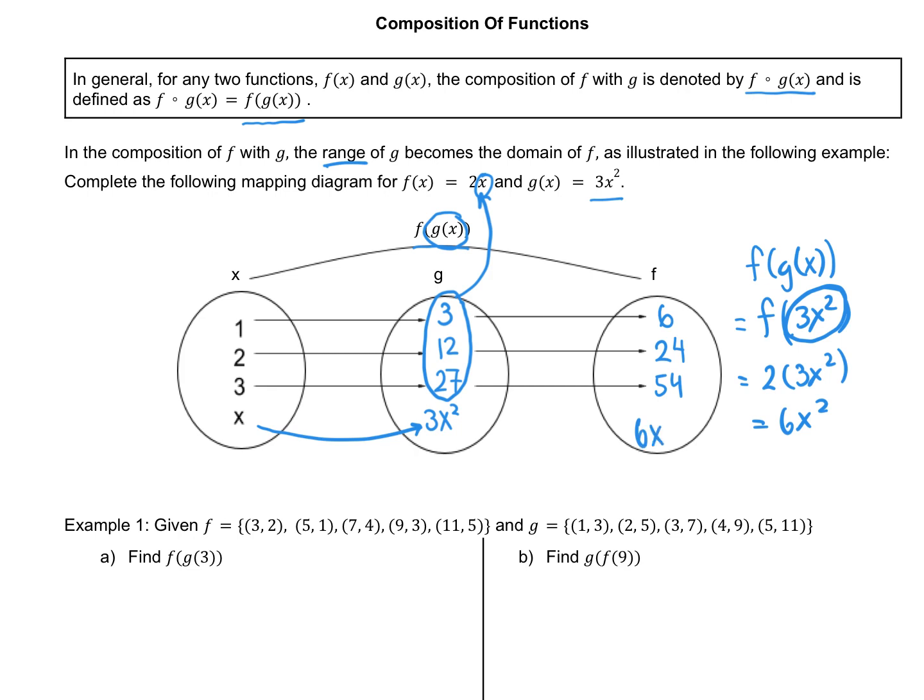And that's what this mapping diagram spits out. To recap, I was given x values, I put them into g of x to spit out its y values, and these values of g of x were plugged into f of x to get these final coordinates.